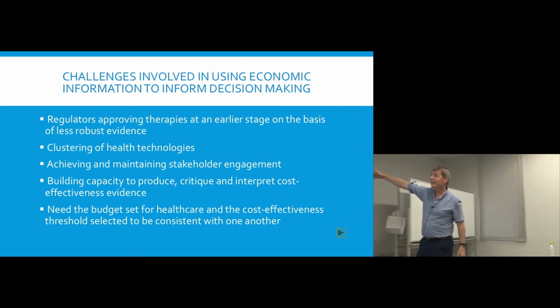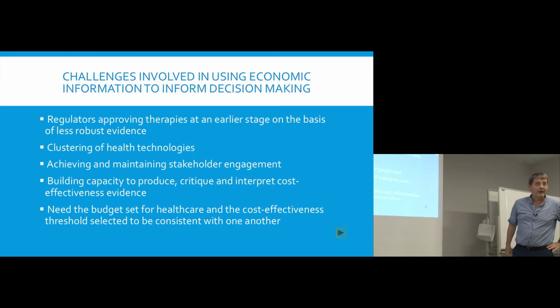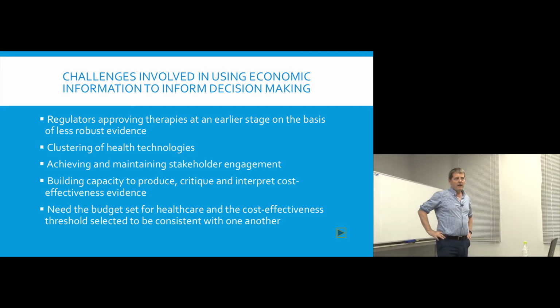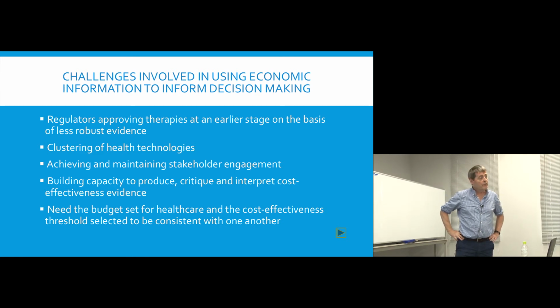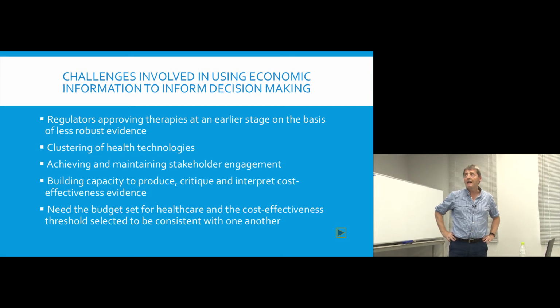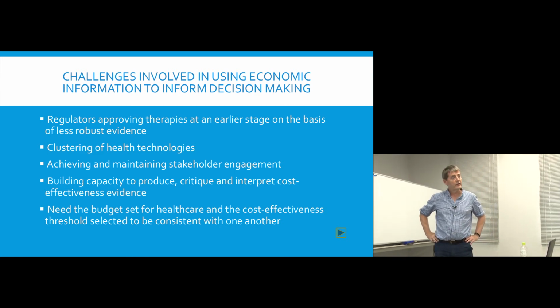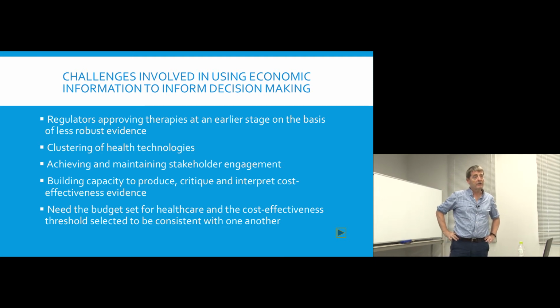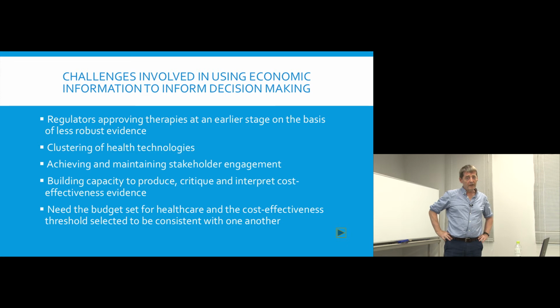And here's a few. First one, and I mentioned this just in passing, increasingly regulators are approving therapies at earlier stages on the basis of less robust evidence. So, for example, the European Medicines Agency used to require what's called phase 3 studies.